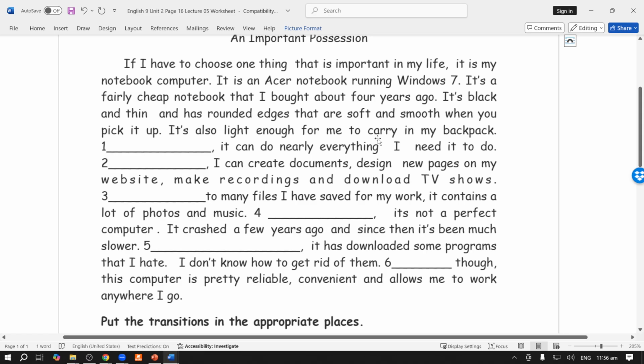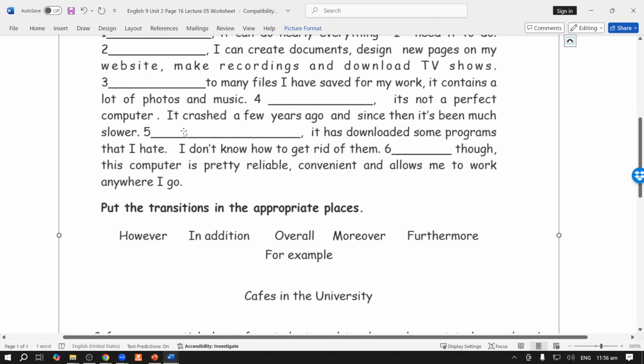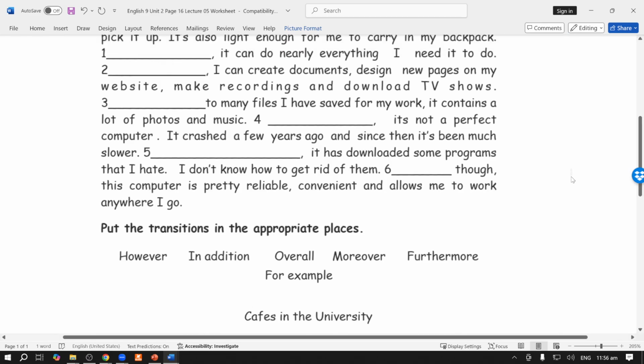It's also light enough for me to carry in my backpack. So here we have to insert a transition word. So what is that transition word which completes this line to qualify the previous text? As I have mentioned, transition words are words which show the order of the sentence. So either it's however, in addition, overall, moreover, furthermore, for example. So what will be the word there?